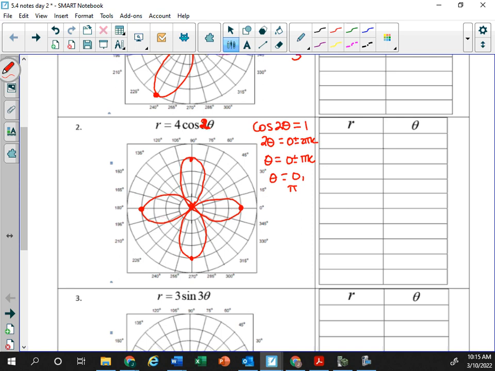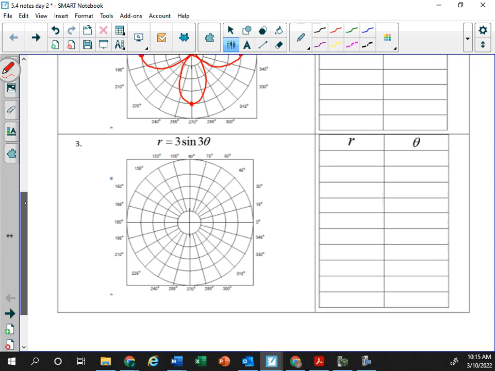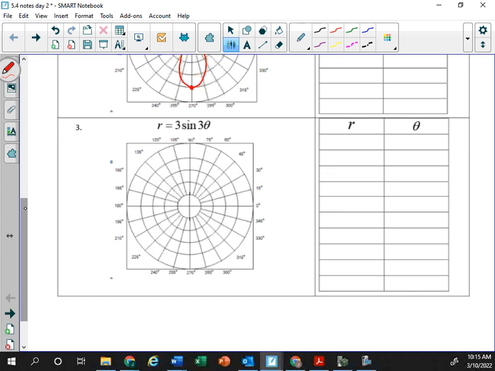Questions so far? Okay. Let's do the next one. All right, guys, we've got r equals 3 sine of 3 theta.